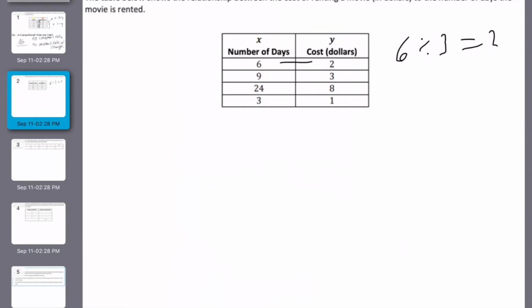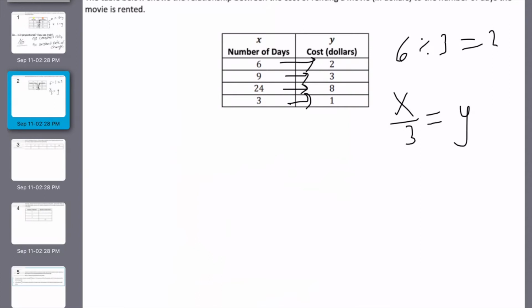So 6 divided by 3 gives me 2. 9 divided by 3, hey, that gives me 3. 24 divided by 3, that gives me 8. And in fact, 3 divided by 3 gives me 1. So I can look at this as x divided by 3 equals y. My number of days divided by 3 gives me the cost in dollars.